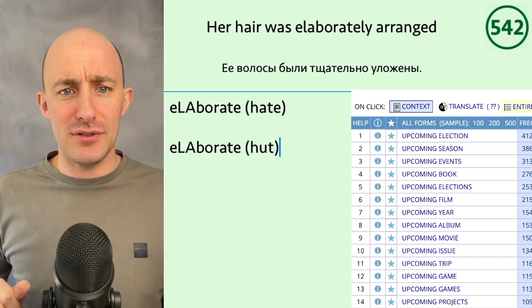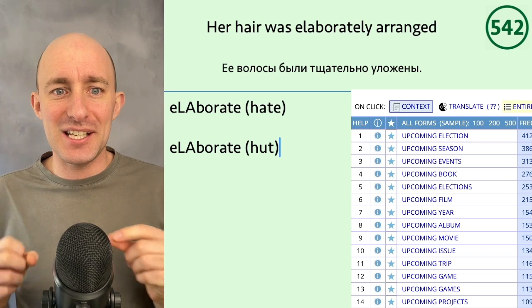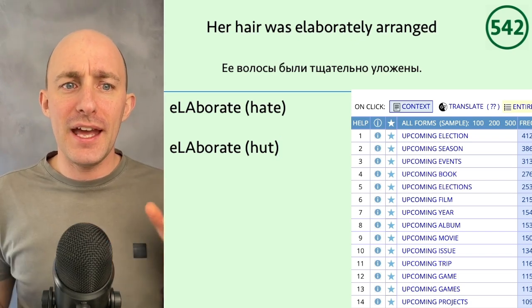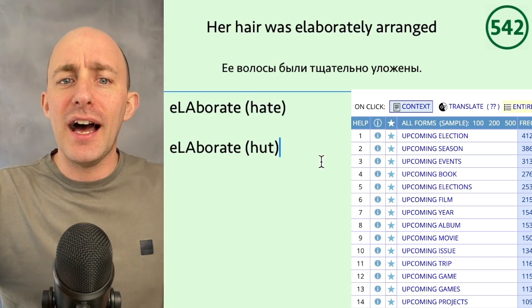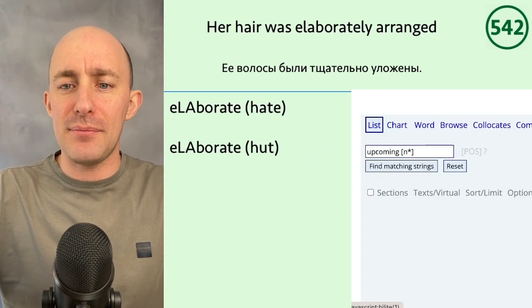The stress stays on the second syllable, but the final syllable changes. Elaborate, elaborate. What else can be elaborate, elaborately?